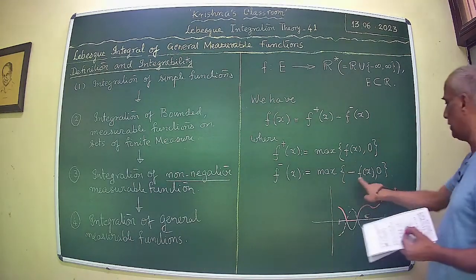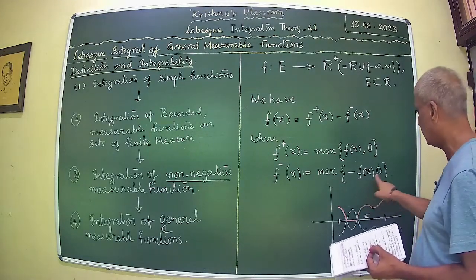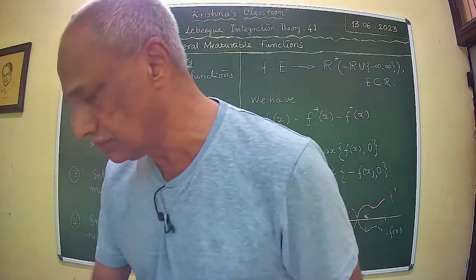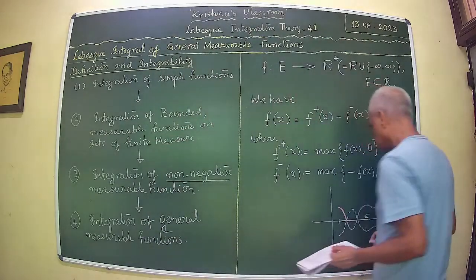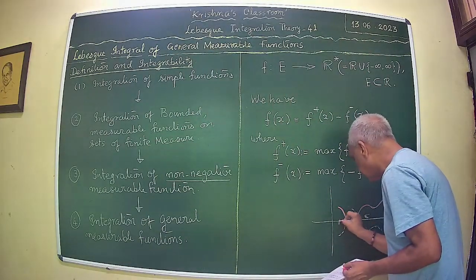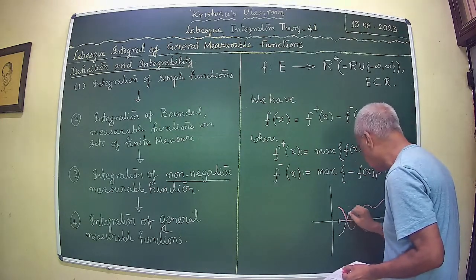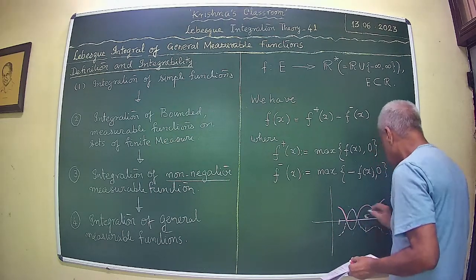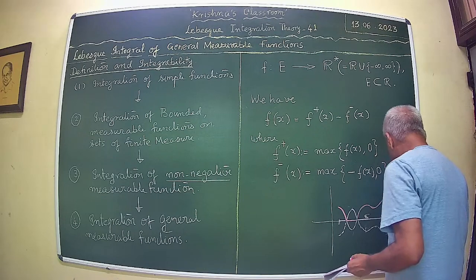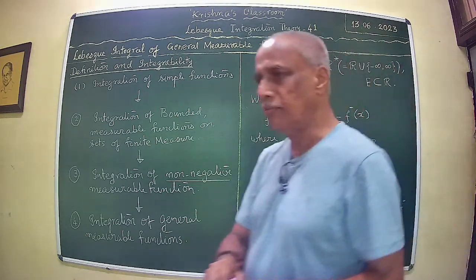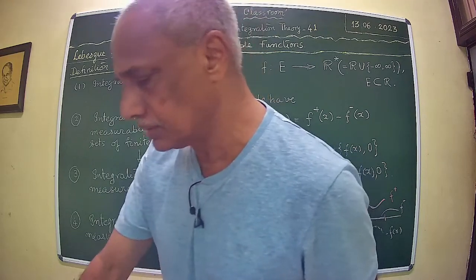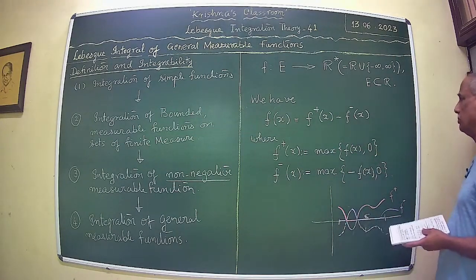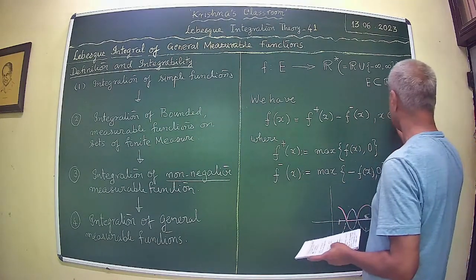Now we take the maximum of minus f(x) and 0, so that is going to be marked with a different color. You have 0 all over here, and on this portion it is going to be this one. So f minus and f plus are both non-negative functions.